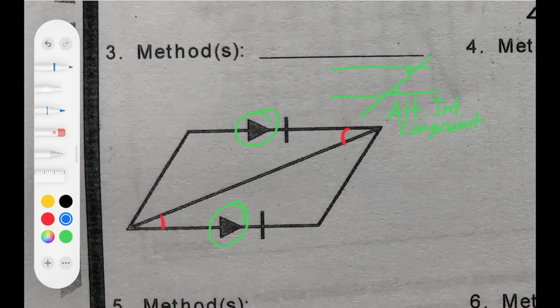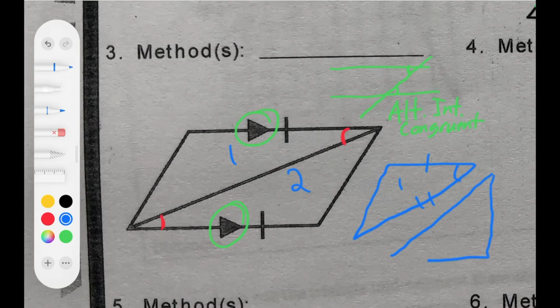So now we can separate out our triangles. So for our first triangle, we have an angle, a side. We know that this side is going to be congruent because it's the same line. For our second triangle, we have this line, this angle, and we know these sides are congruent.